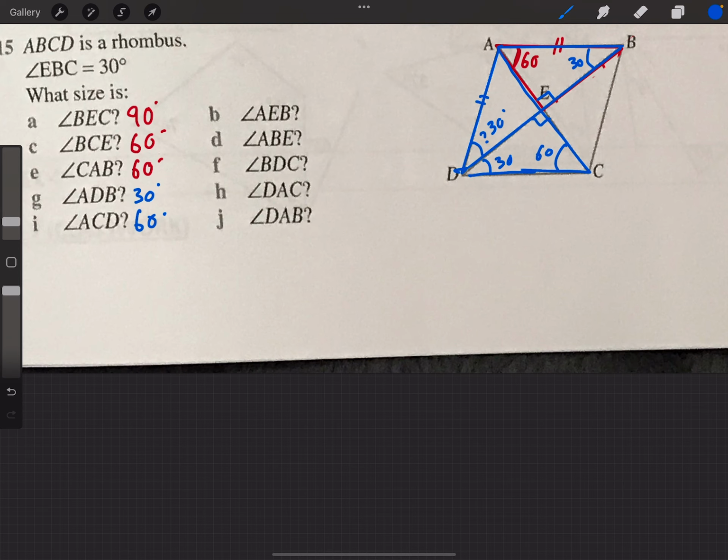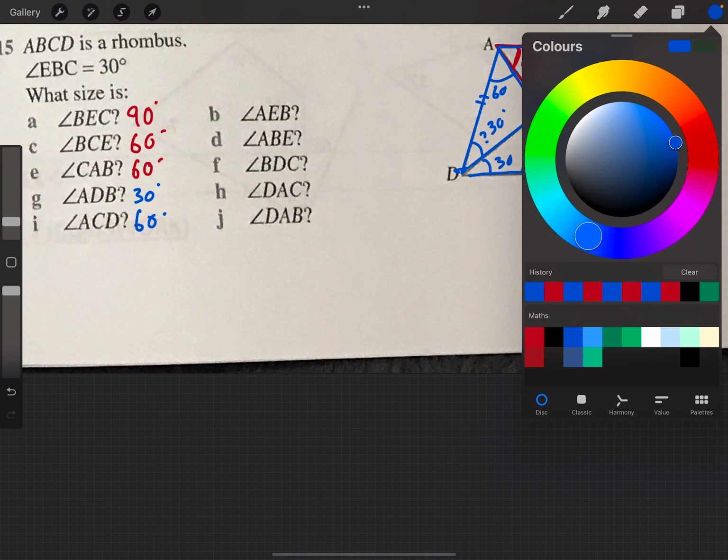AEB. Let me see, where's that? Let me just label all of them. 60, 30, this is 60 and 90. Now, AEB, I'll put that in black, maybe.